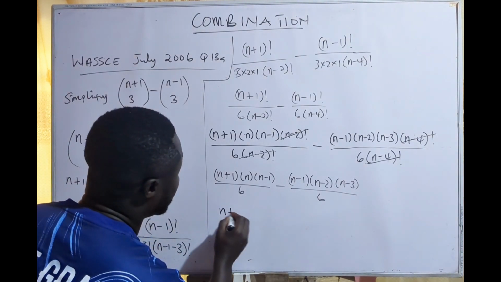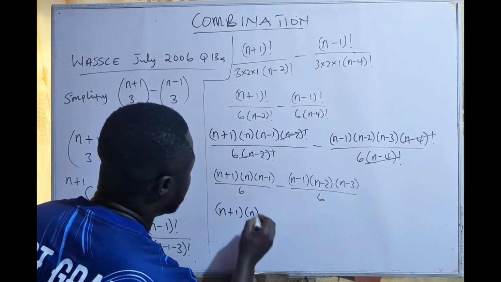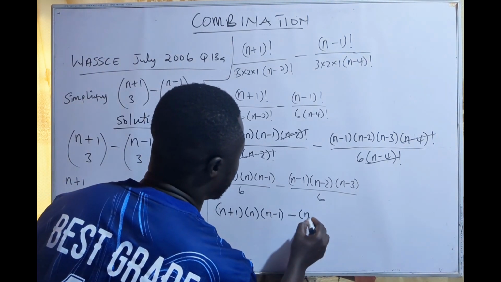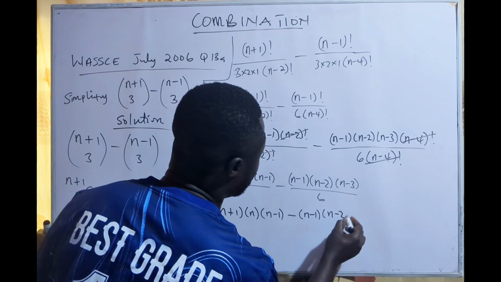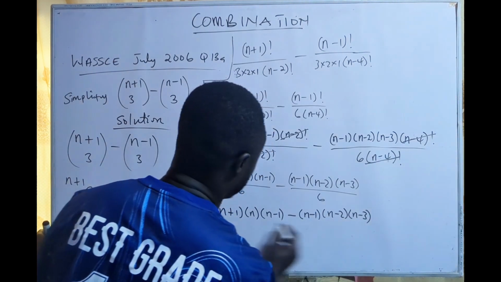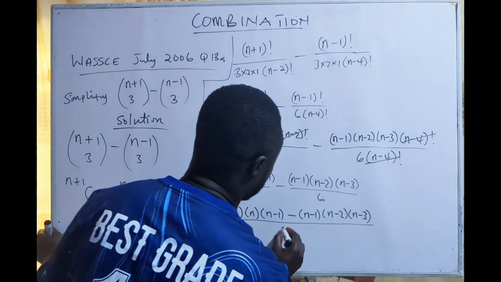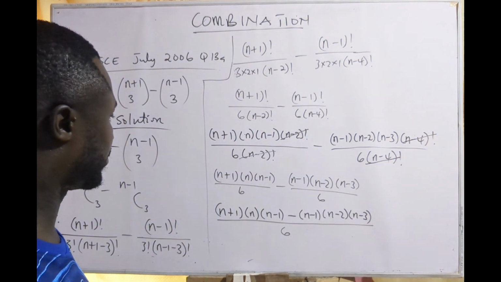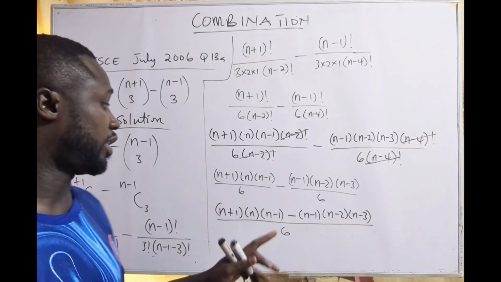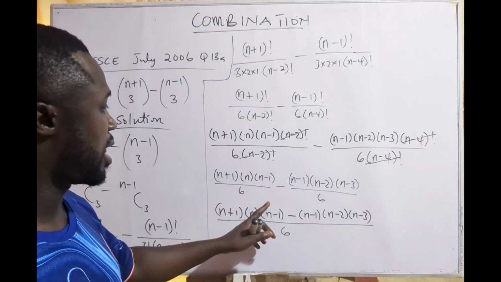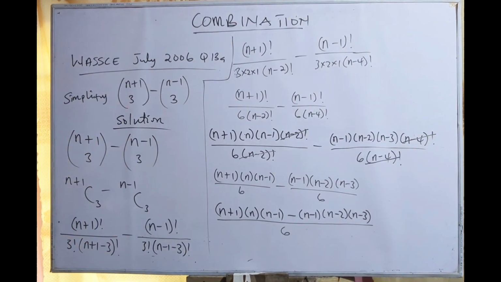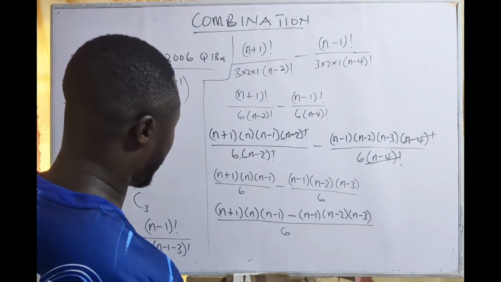So I have n plus 1 n minus 1 minus n minus 1 n minus 2 n minus 3 all over 6. Okay, let me see if I can factorize anything. There is n minus 1 here and then n minus 1 here. So let me bring n minus 1 out, then we see what we are going to get.